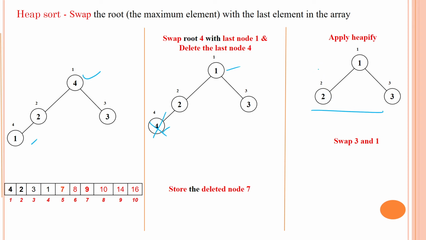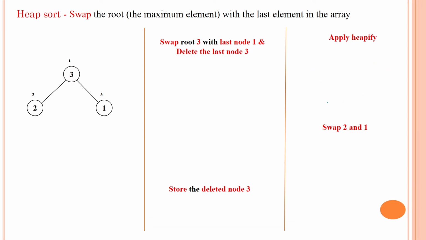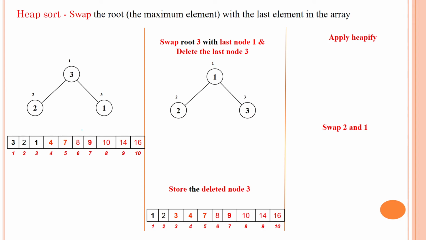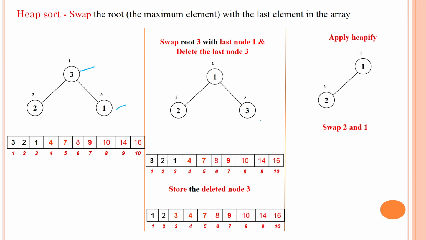Still it is not satisfying the heap property, this one. So 3 will be swapped. Then after that, 3 and 1 will be swapped. After that, the 3 will be deleted and stored in index 3.